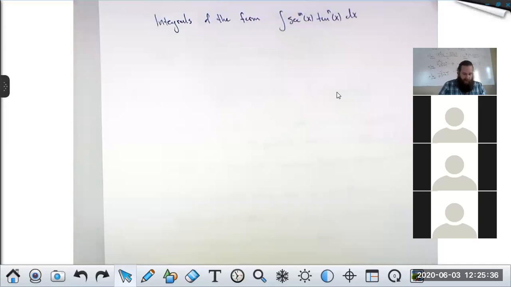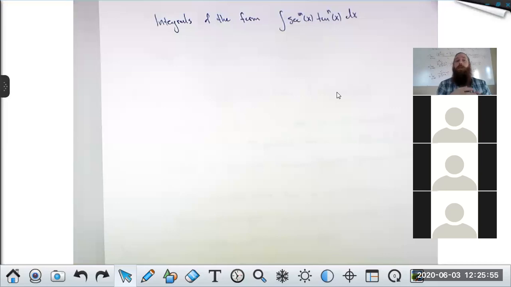Unfortunately, these can get a little bit unruly. So I'm going to break these down into two cases as well. The first case is if the power of secant is even, right? The derivative of tangent is secant squared.